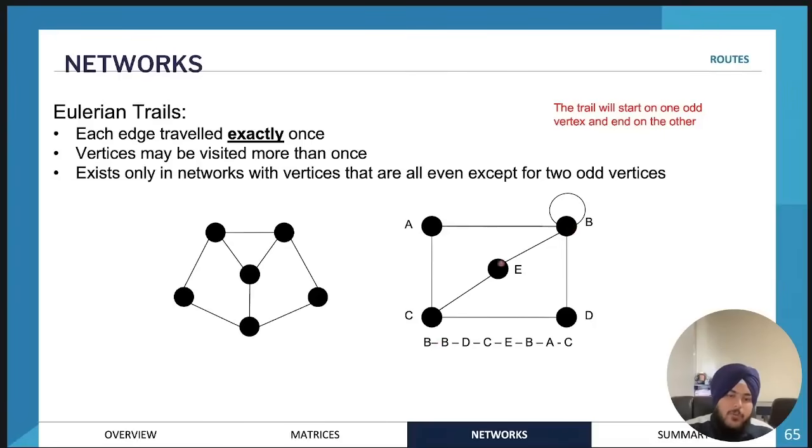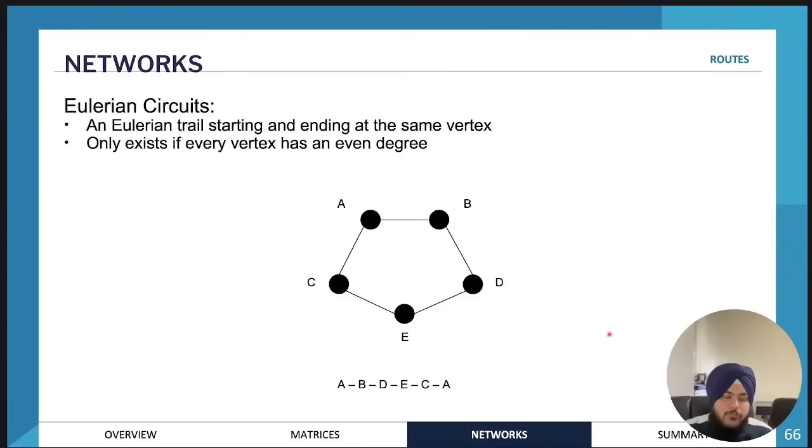Here's an example: B, and then loop B, and then D, and then C, and then E, and then B, and then A, and then again C. So you start off with one odd vertex and you end at the other, but you must pass through every edge exactly once.